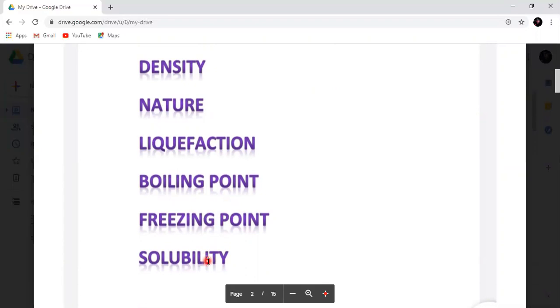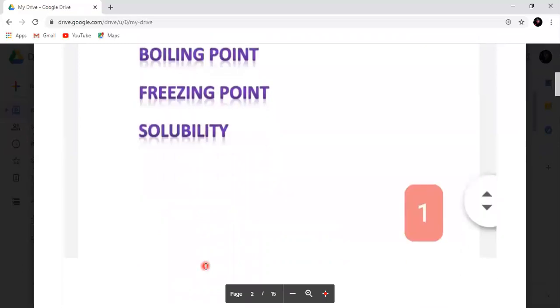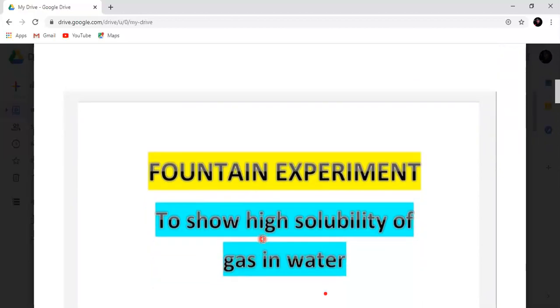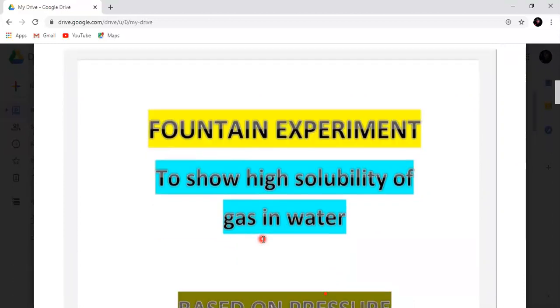Due to this high solubility, its basic nature can also be identified. We can demonstrate this highly soluble nature by the fountain experiment. That fountain experiment proves that ammonia is highly soluble in water.